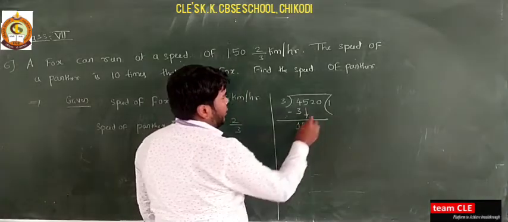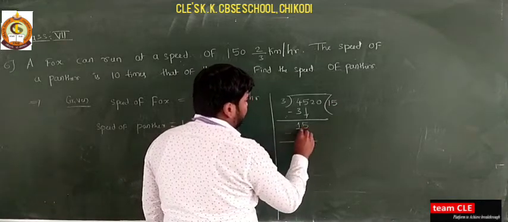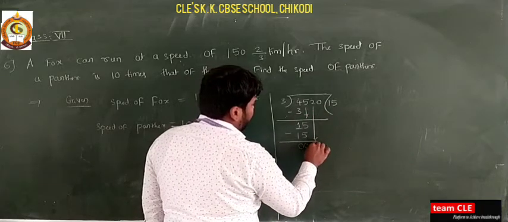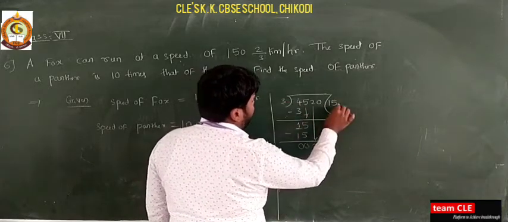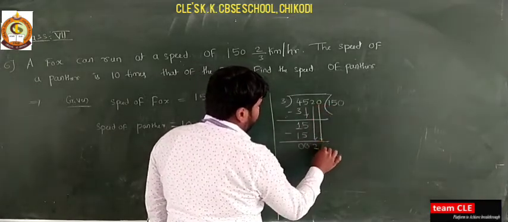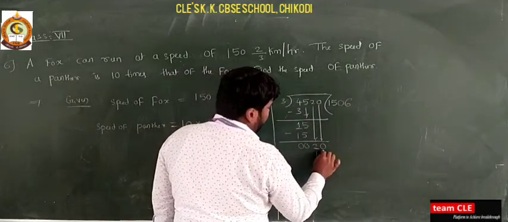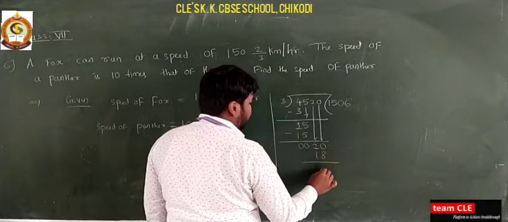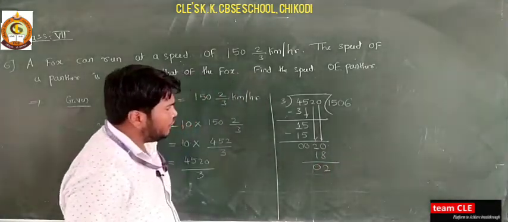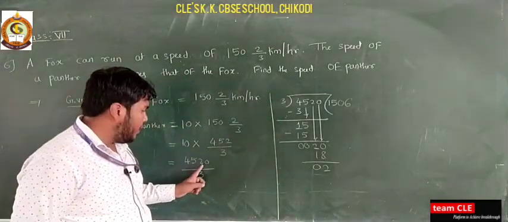Take 5 down, 3 5s are 15, 15 minus 15 is 0. Take 2 down; 2 is less than 3, so put 0 and take the 0 down. Then 3 6s are 18, 20 minus 18 is 2.